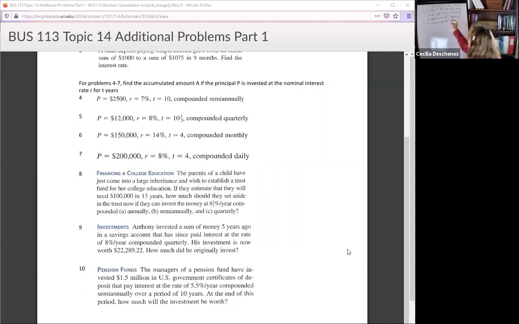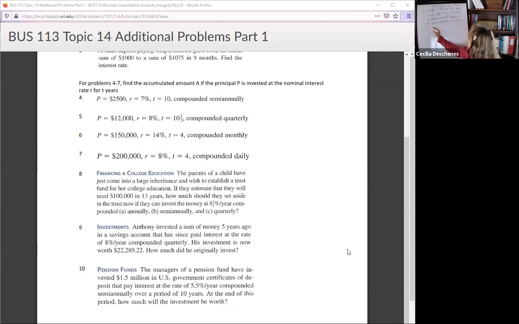And here time is 10 and a half years. So instead of writing 10 with the half the way they did, I'm going to just write it as 10.5. It doesn't really matter. And it's compounded quarterly. So M is equal to 4, right? Compounded quarterly means we're going to apply this calculation 4 times during a year.